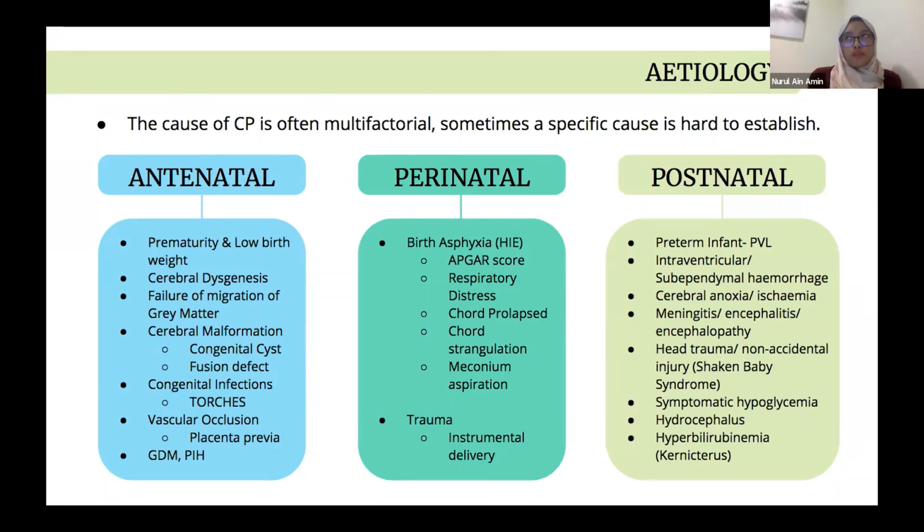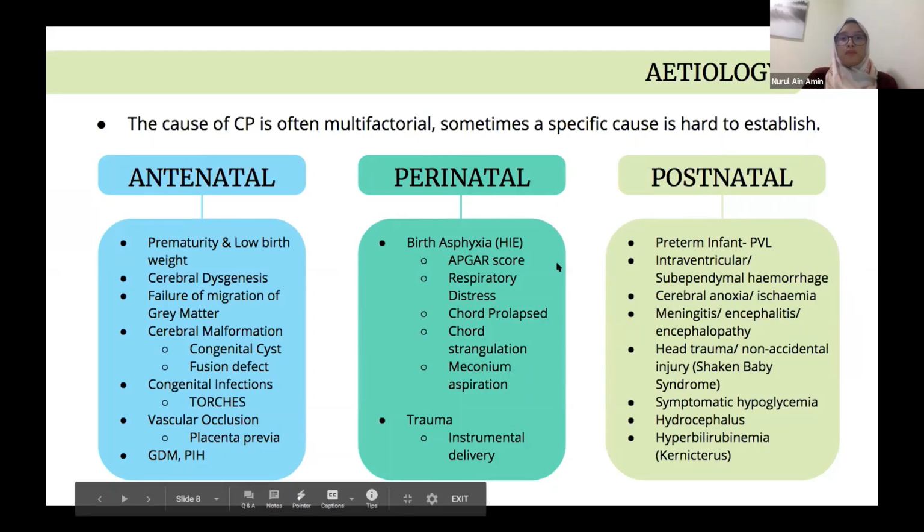And when there's more inflammatory cytokines, it leads to the periventricular leukemia and also thus CP. So those two important causes are usually what we should focus on in CP. Also with birth asphyxia, as it is also the most common for perinatal.